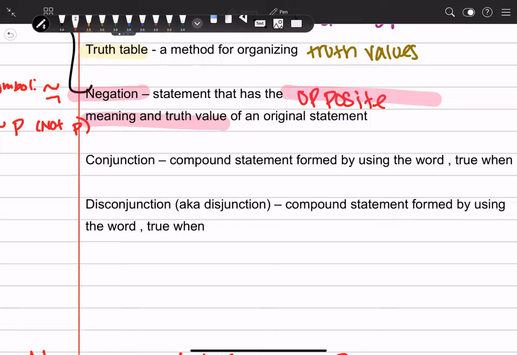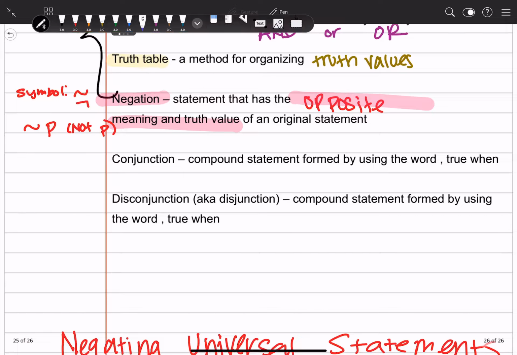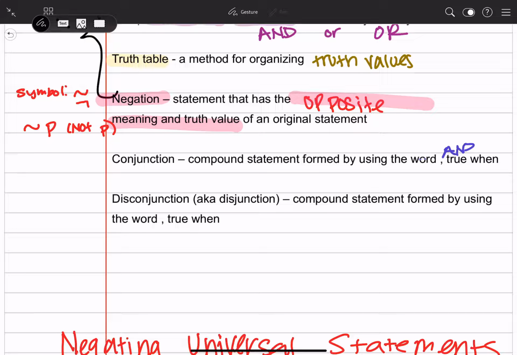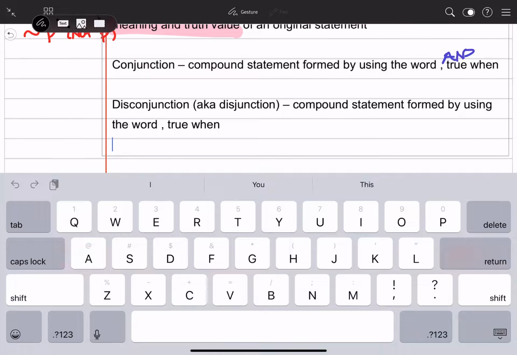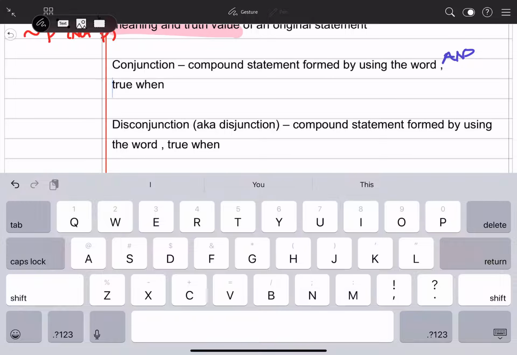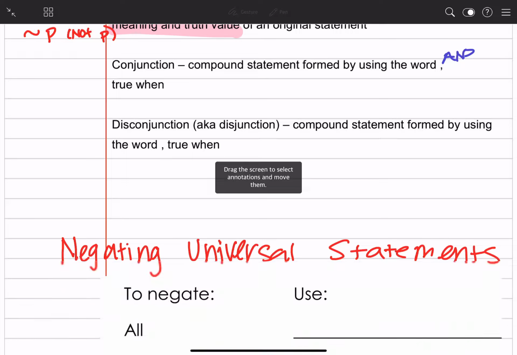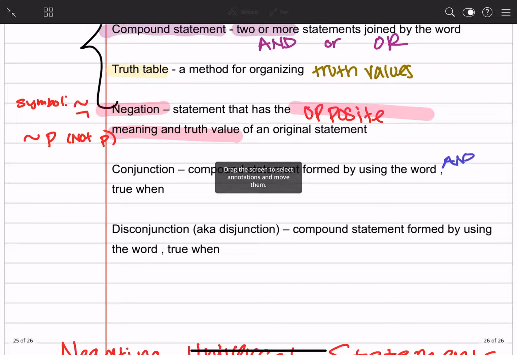All right, this next one is going to be conjunction. So conjunction, and let's switch up the colors. All right, so conjunction means that it's a compound statement, and it's formed by using the word and. Let me fix that for you guys. All right, there we go.